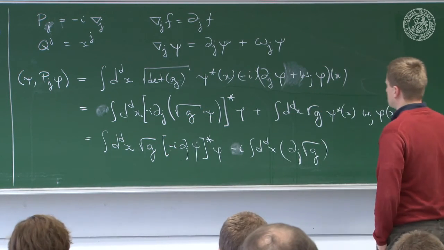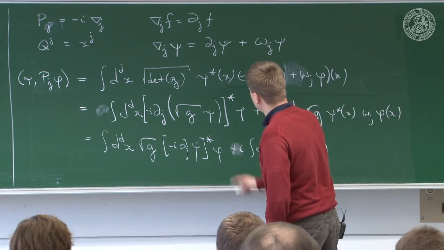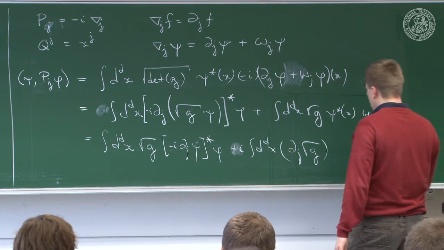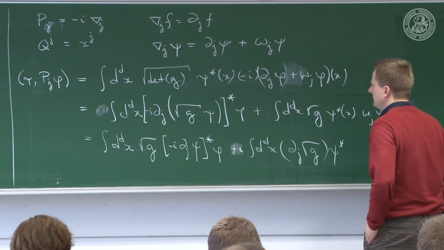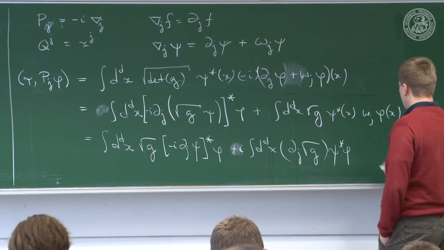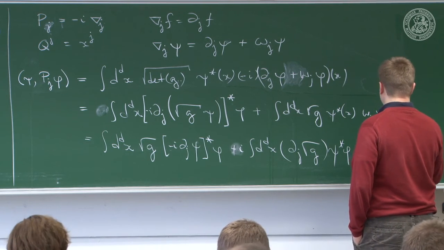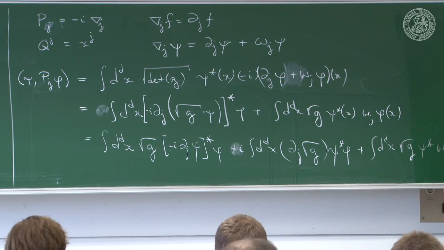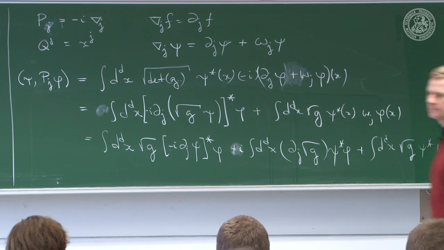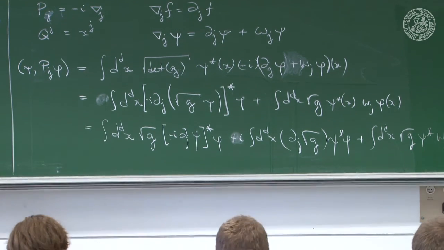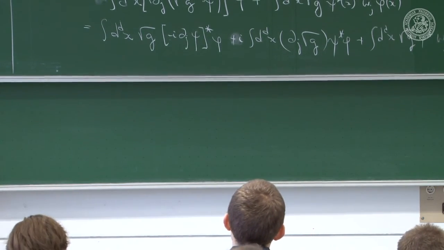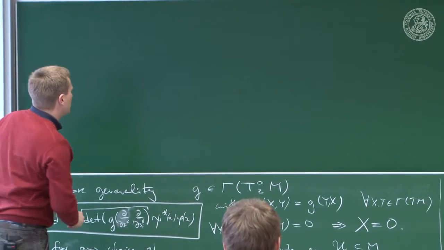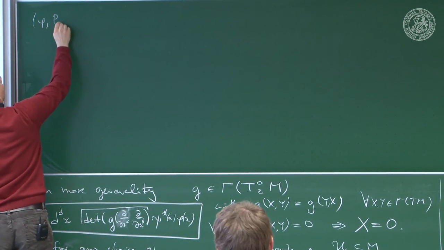I can forget about the star because it's a plus i, because of the star. Can forget about the star because this is all real. Psi star phi plus, well, for completeness, what we had before, square root of g psi star omega j phi, right? Please correct my signs if there should be a mistake. So now we again rewrite the right-hand side.